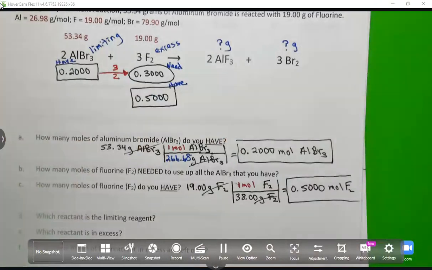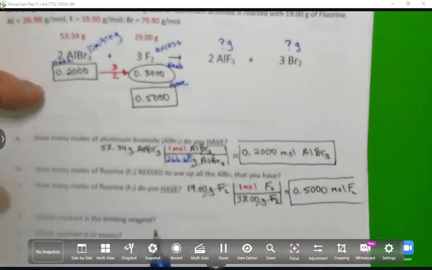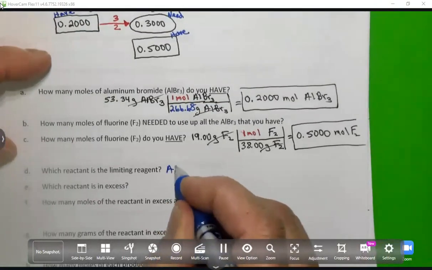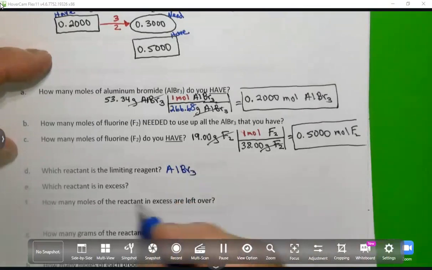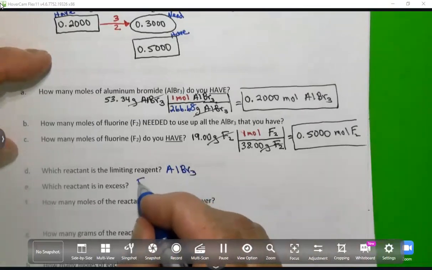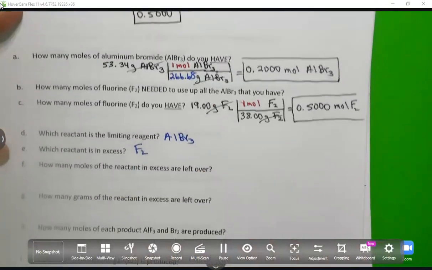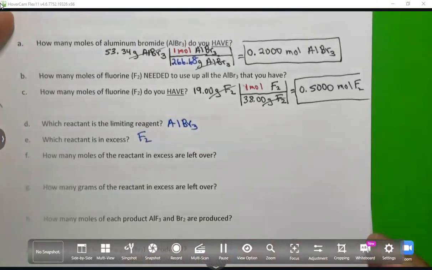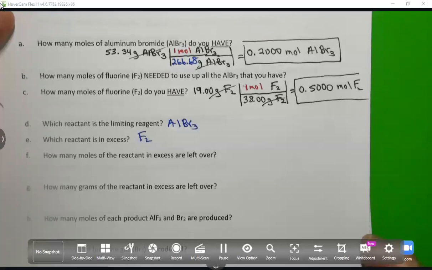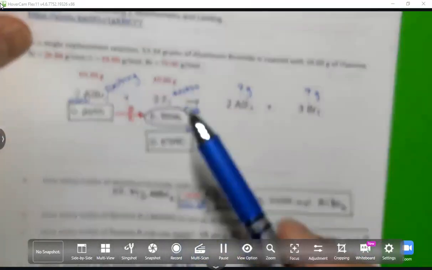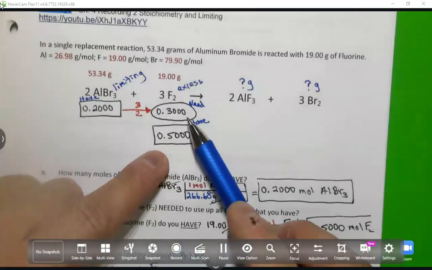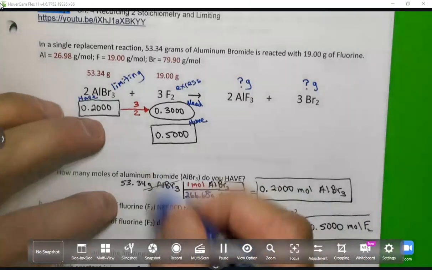Okay, so let's go on. Which one is limiting? Well, AlBr3. Which one's in excess? Fluorine. How many moles of the reactant in excess are left over? Well, out of this 0.5 that you have, you're going to use up 0.3.